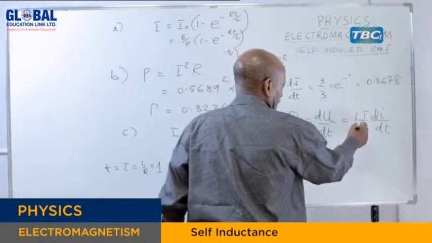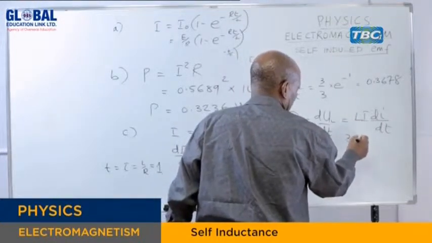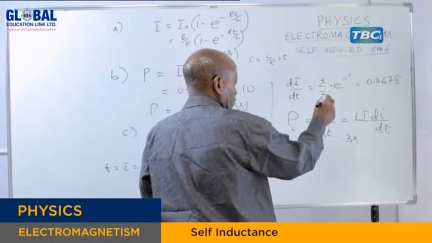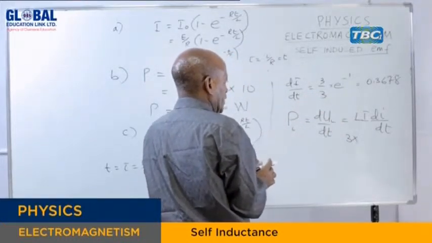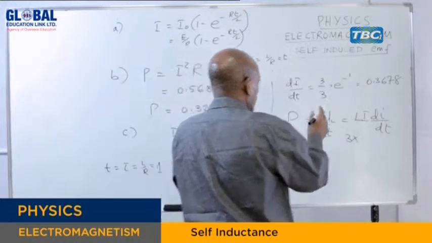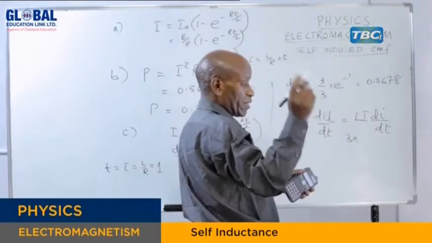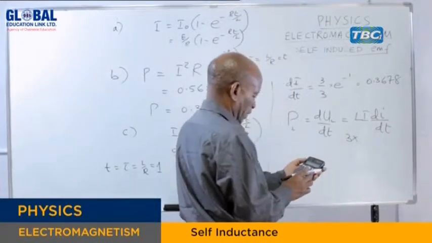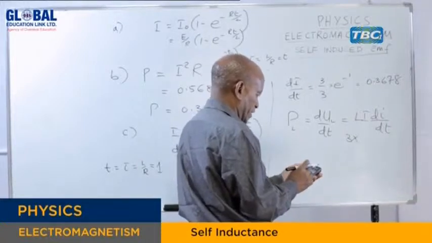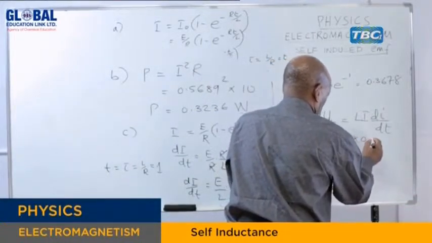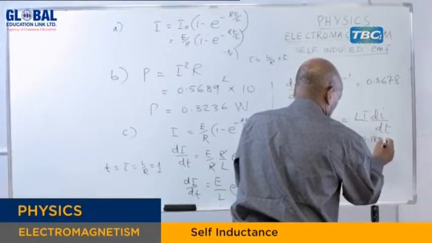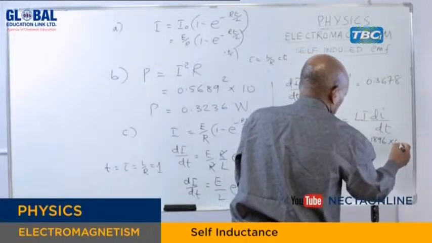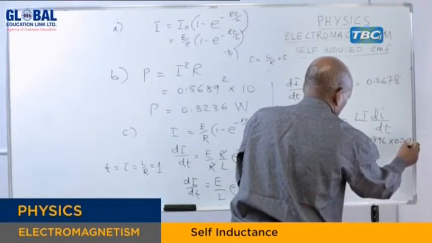For an inductor, L is 3, and the current that is just crossing through the inductor, we have just obtained in part A. This was 0.1896, and the dI/dt is this one which I have obtained here, which is 0.3678.